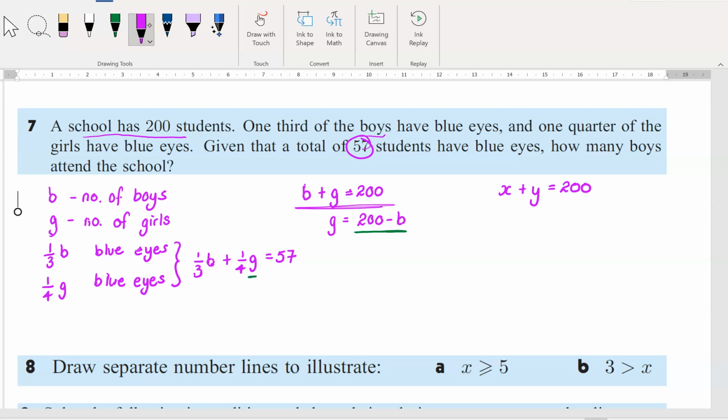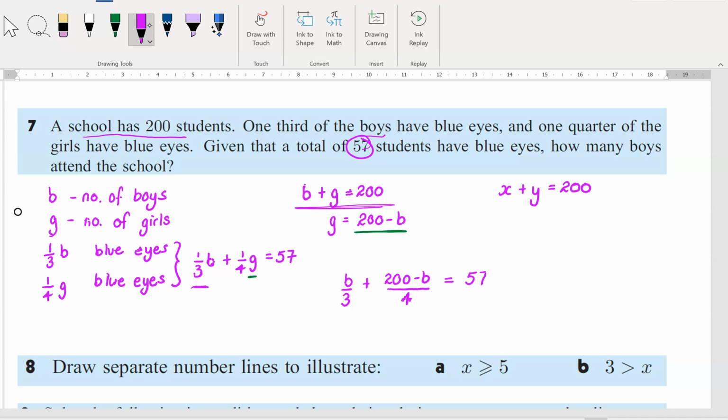So what we end up with is 1/3 times B, that's the same as saying B over 3, plus 1/4 of the girls. Now the girls is 200 take B, and 1/4 of that is the same as dividing by 4, and that equals 57.